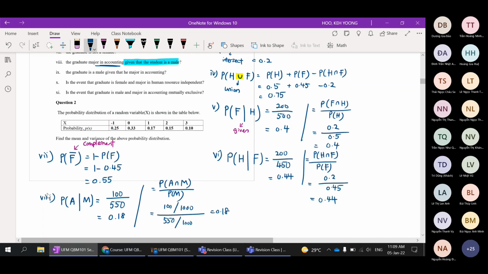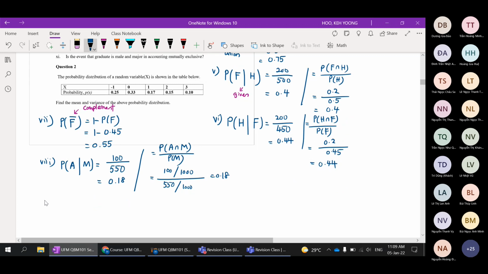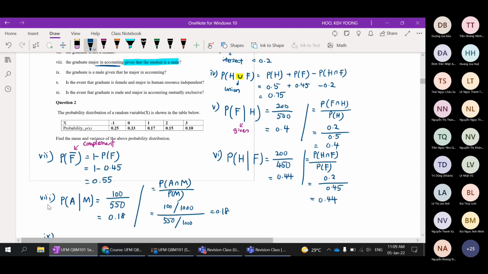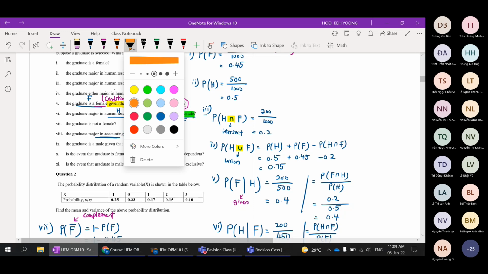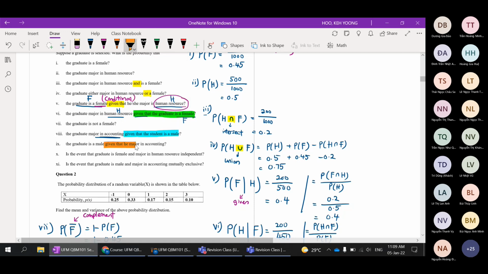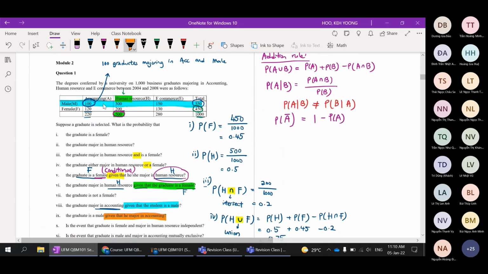Okay, next is the graduate is a male given that he majors in accounting. So the given event here is majors in accounting. What you do here is you look at the accounting column.